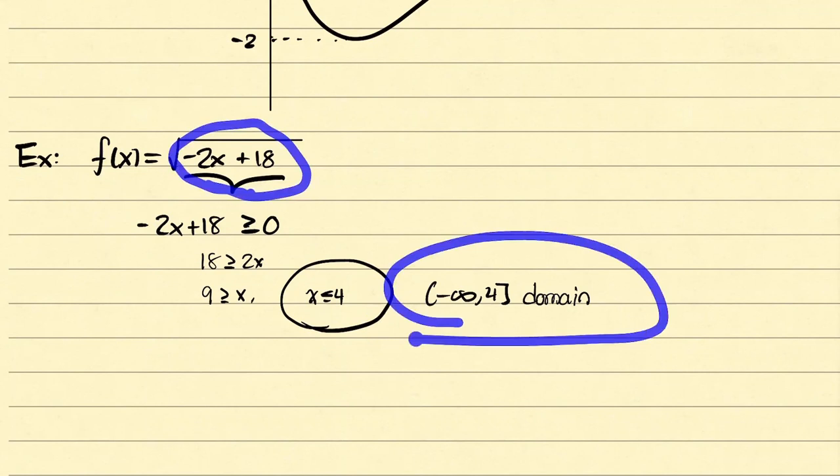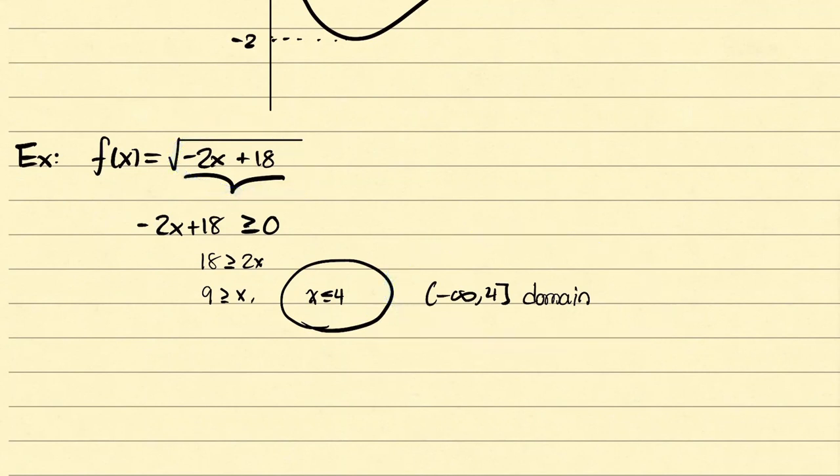And here's the domain. The domain is negative infinity to 4, inclusive. Oh, why did I write 4? I'm sorry, this should be 9. Hopefully everyone is clear on that mistake.